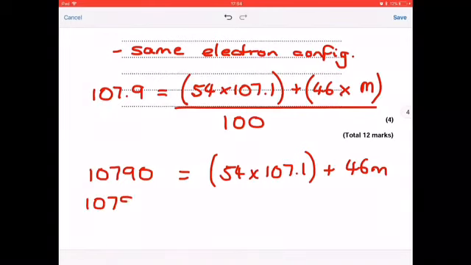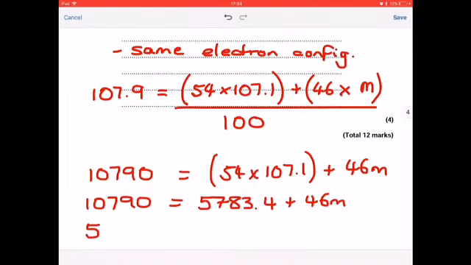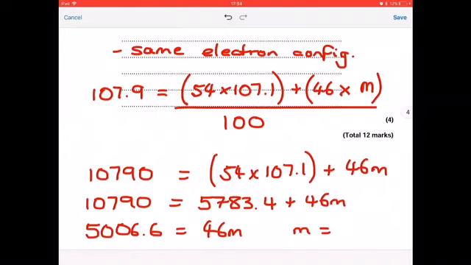So 10790 equals 5783.4 plus 46m. You then take 5783.4 from both sides, and that should give you 5006.6. And then finally, to get m on its own, you divide by 46, and you should calculate that m to one decimal place is 108.8.